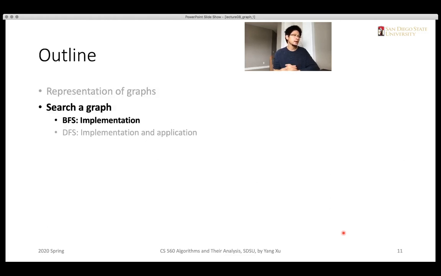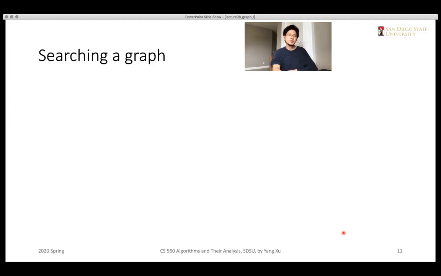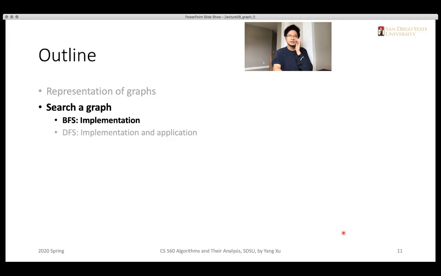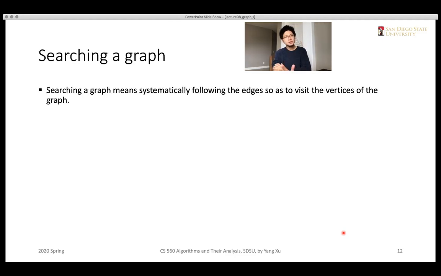And next we're going to talk about how we search a graph, and basically we focus on two methods: breadth first search and depth first search. Okay, so searching a graph basically means that we want to systematically follow the edges so that we can visit all the vertices within the graph.